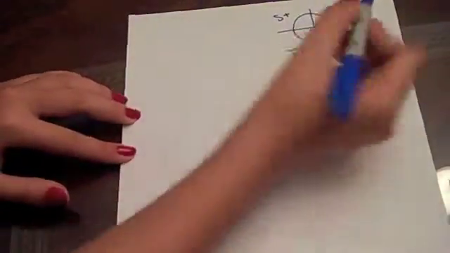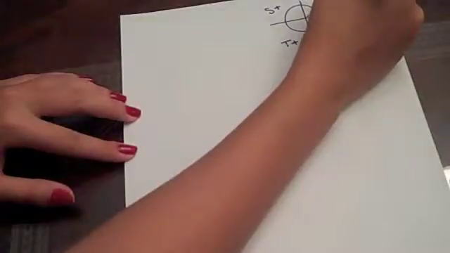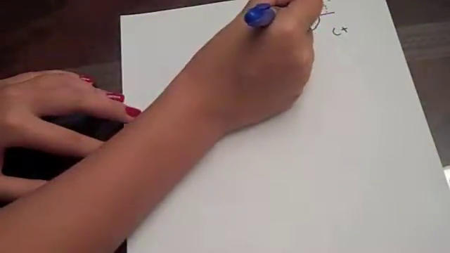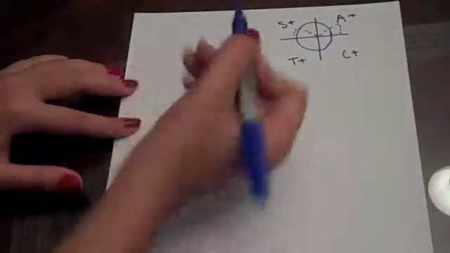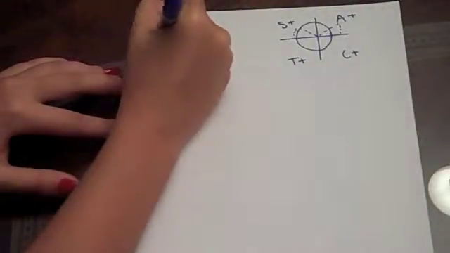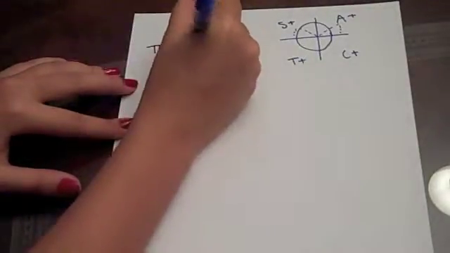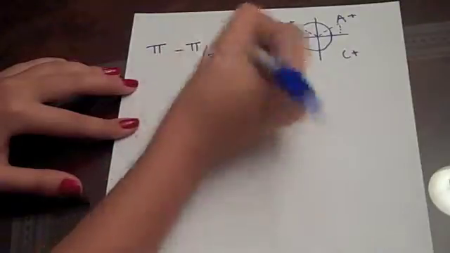Look at pi over 3, which is right here. There's another angle in here which is equal to that one. But in this one, only sine will be positive. So in order to find this angle, we must do pi minus pi over 3.